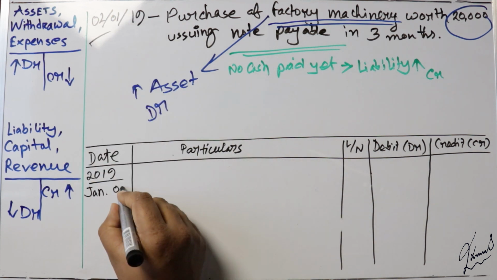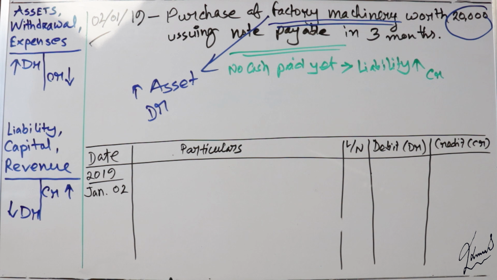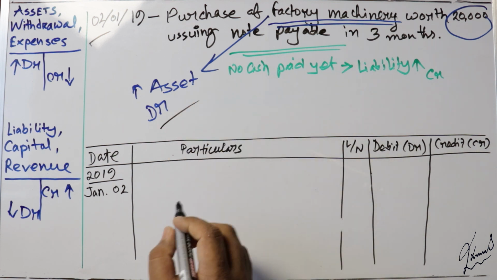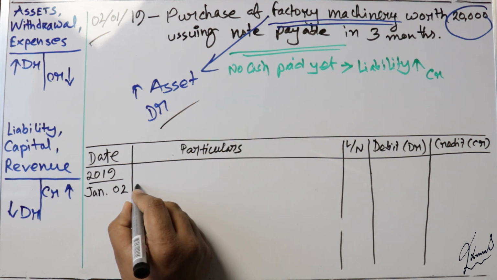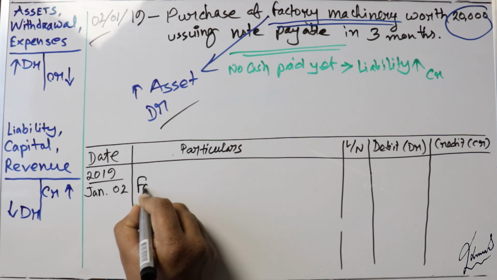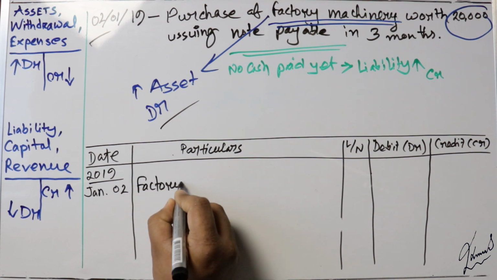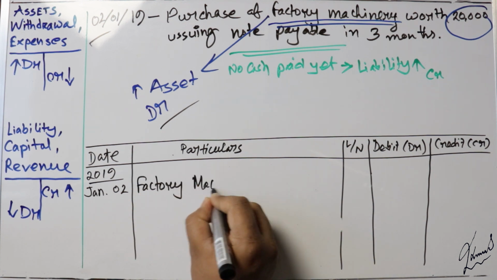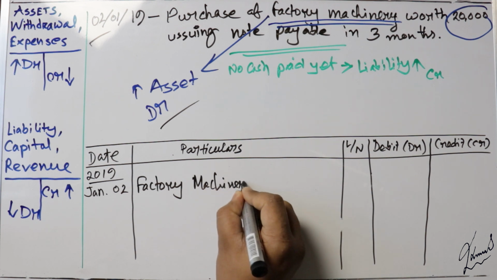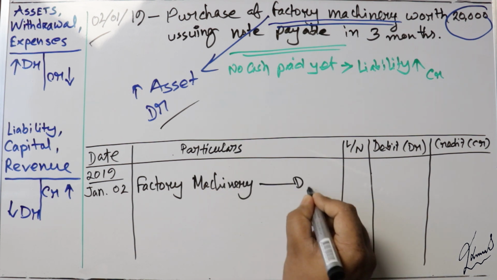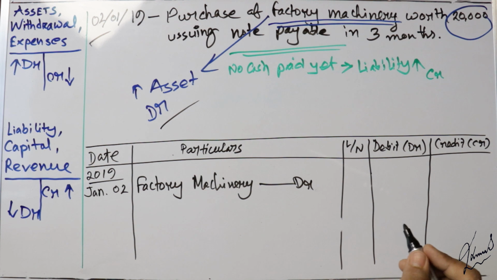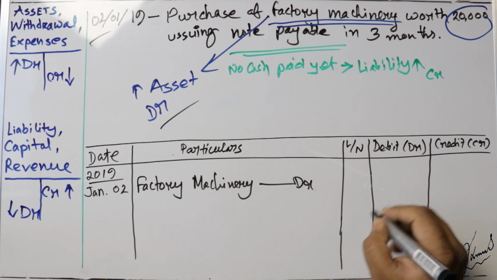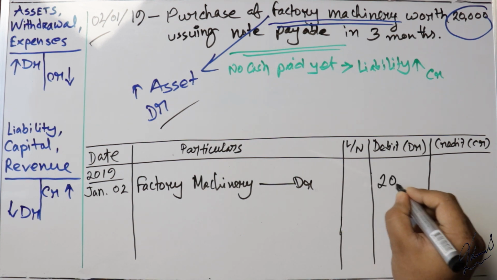Let's put the debit account first. Here, factory machinery. So factory machinery, debit. Then we can put the figure under the debit column, that is 20,000.